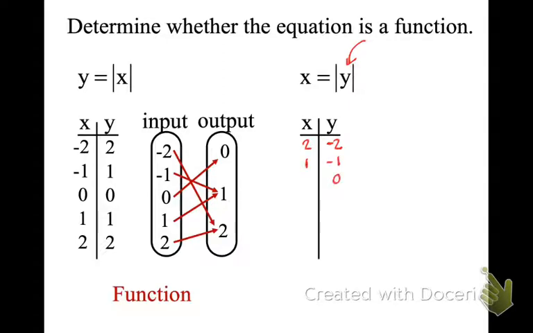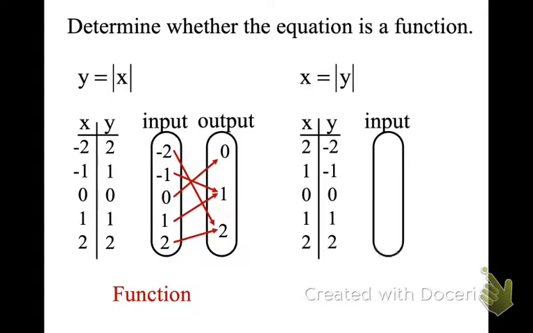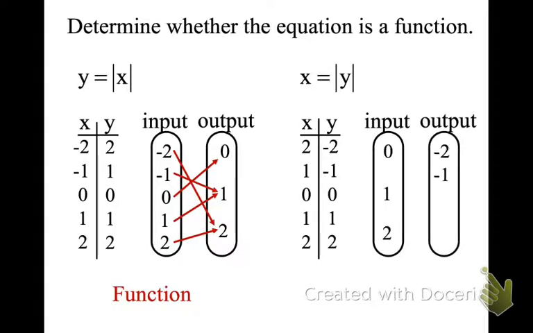If the input is 0, it's still 0. If the input is -1 and +1, now we can see in this case we have repeated x's. So when x equals the absolute value of y, it is not a function.